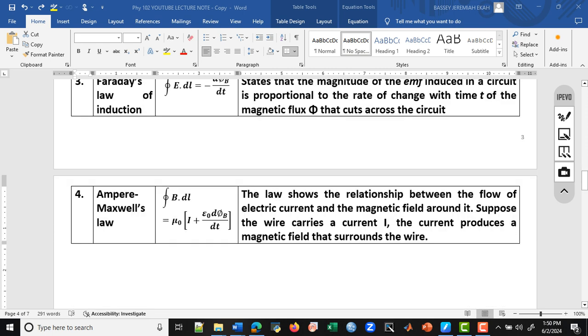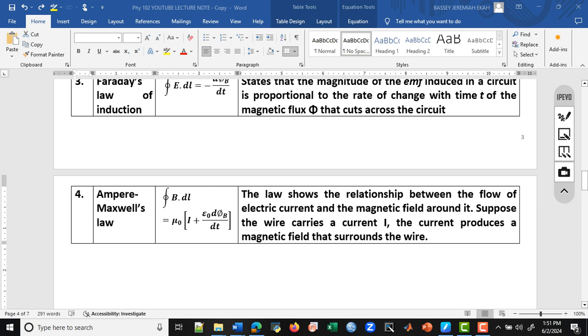We now move to the Ampere-Maxwell equation. The law shows the relationship between the flow of current and the magnetic field around it. Suppose a wire carries a current I. The current produces a magnetic field that surrounds the wire.